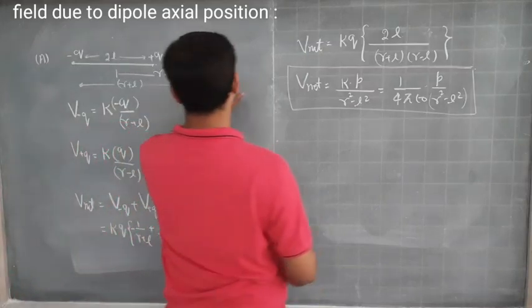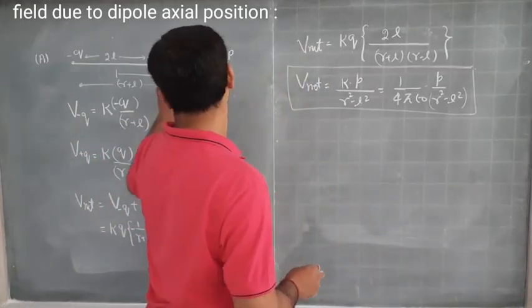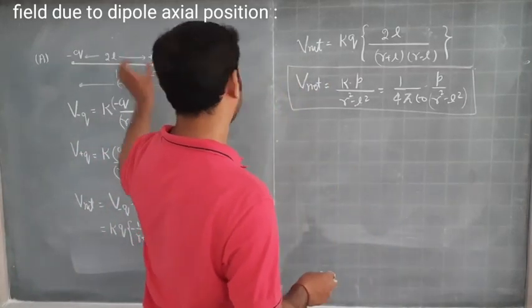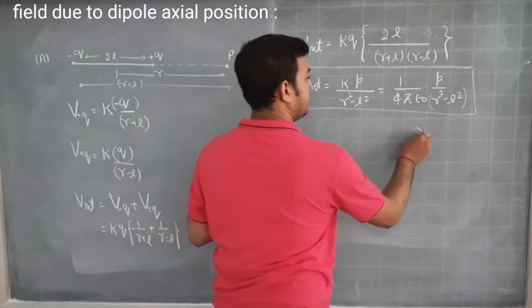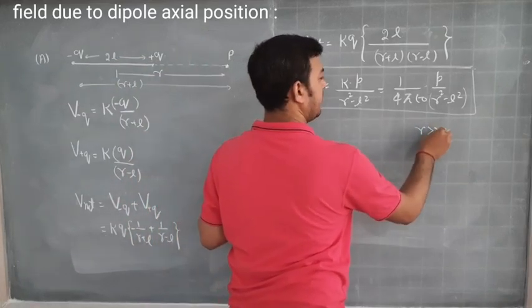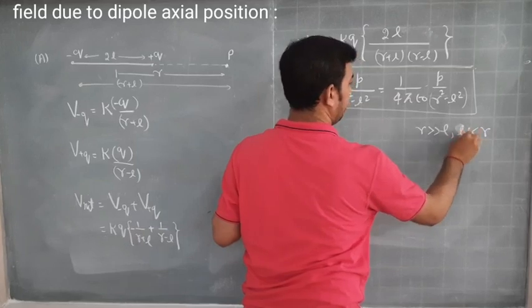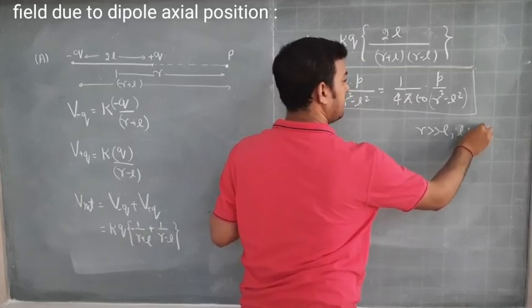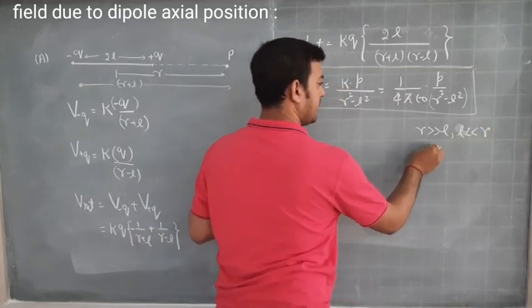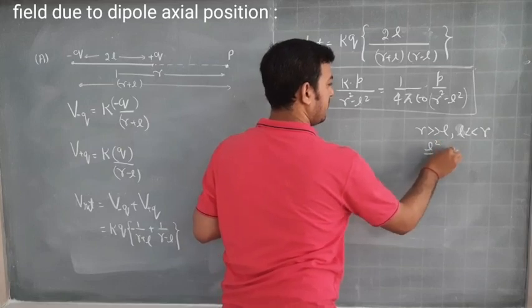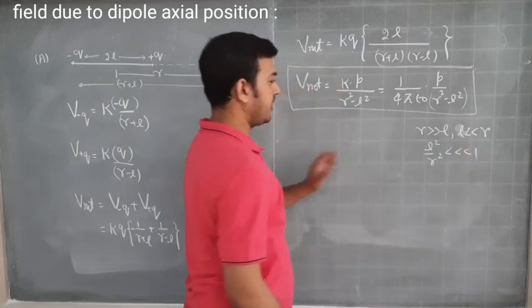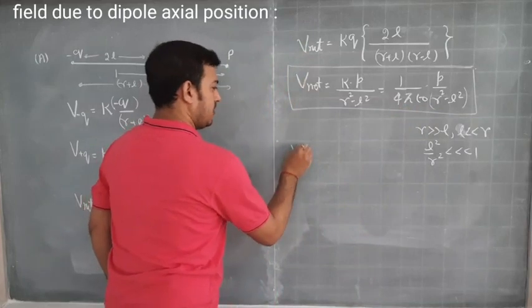Now just consider that my point is at a very large distance from this dipole. So I can take r greater than l, or l less than r, and we know that l square by r square will be very much less than 1. So I can neglect this term here.